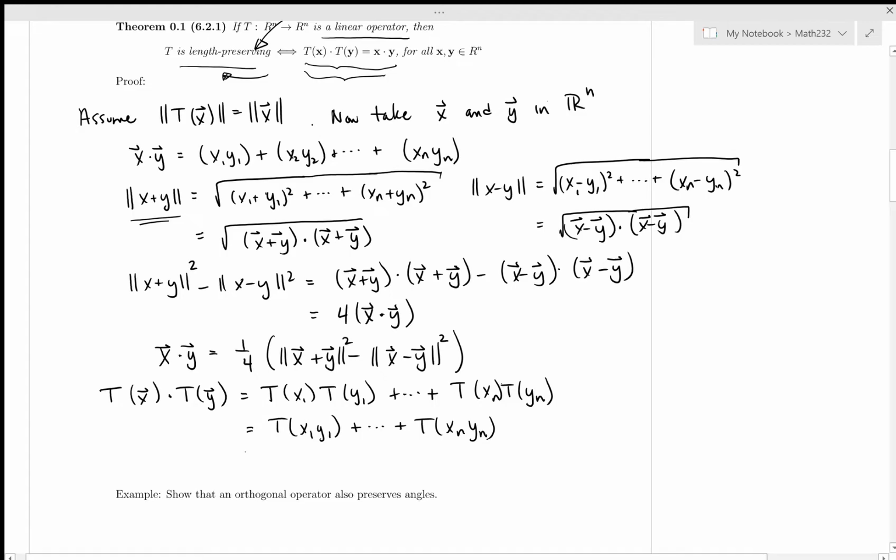That is the transform of x dot y. And that, because of this identity right here, is the transform of 1/4 of the norm of x plus y squared minus the norm of x minus y squared.